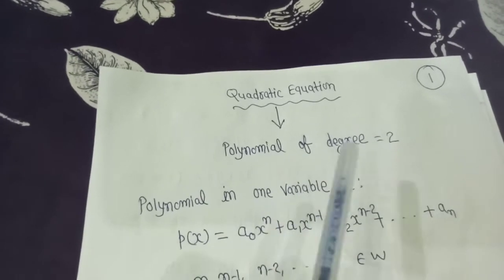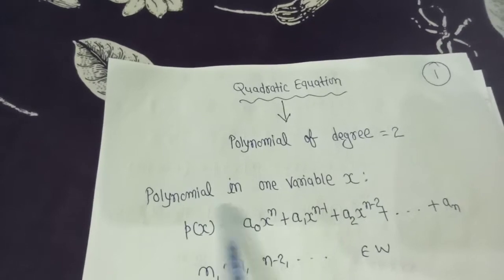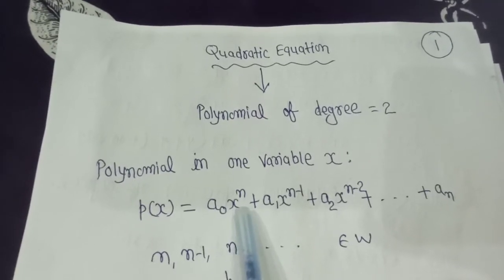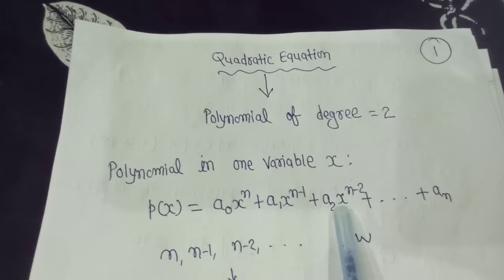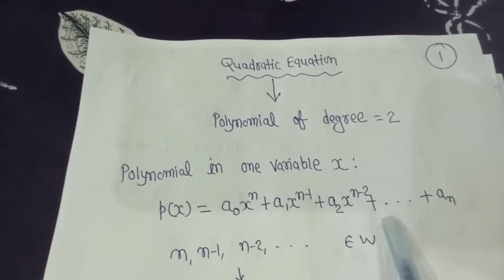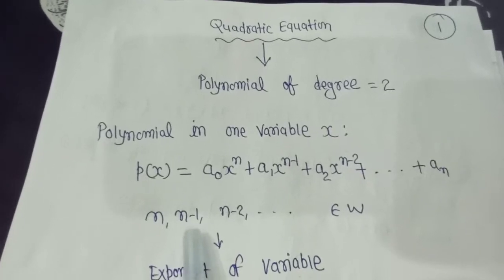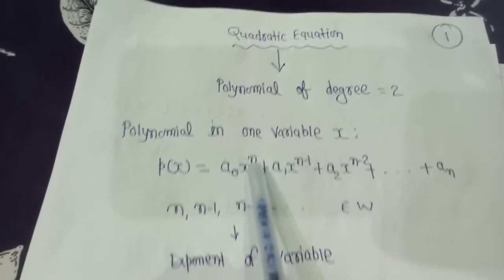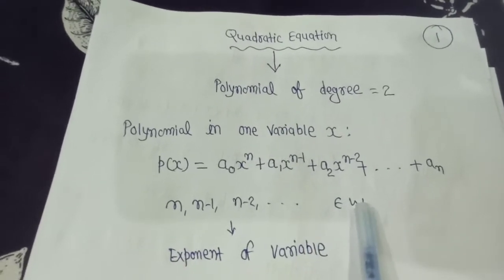So what is polynomial? You must have learned in standard 9 that a polynomial in one variable in general can be written as p of x equals a0 x to the power n plus a1 x to the power n minus 1 plus a2 x to the power n minus 2 plus dot dot dot plus an, where n, n minus 1, n minus 2 are called exponents of the variable and they must be whole numbers.